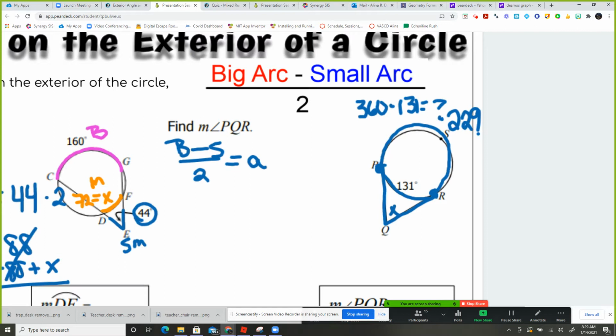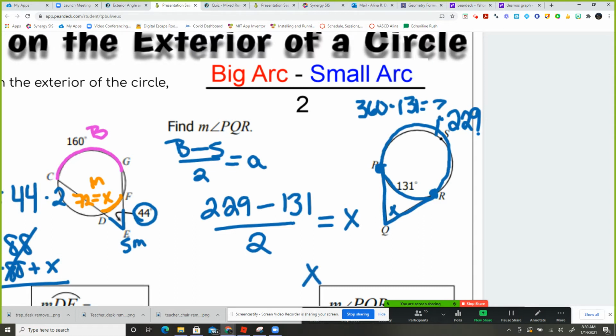So if I do big minus small, the big is the 229. 229 minus the small arc, 131, divided by 2 gives me my angle, which is x. And now you can do that whole thing in the calculator. 229 minus 131, enter, divided by 2 gives me 49.